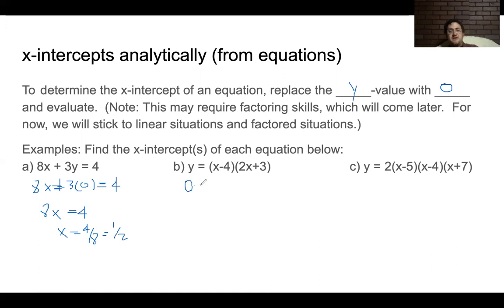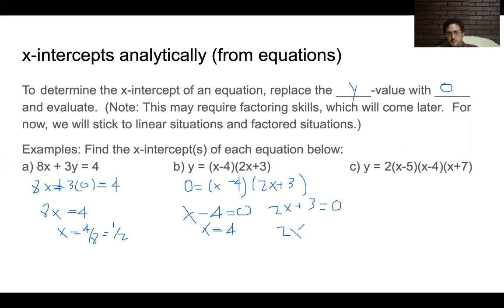And then on this one, I'm just going to set this equal to 0. When we have things that are factored and set equal to 0, you're going to take each factor and set it equal to 0. And then kind of the same thing on this one as well.